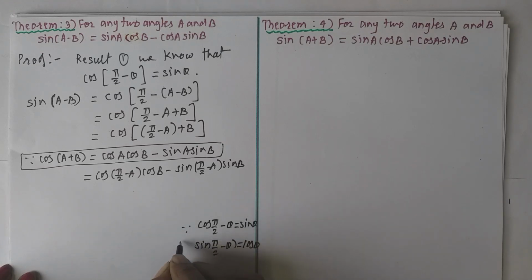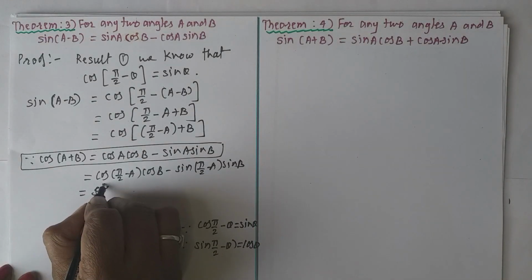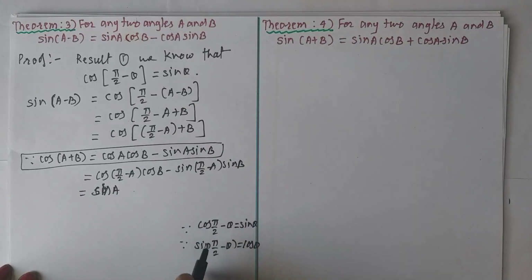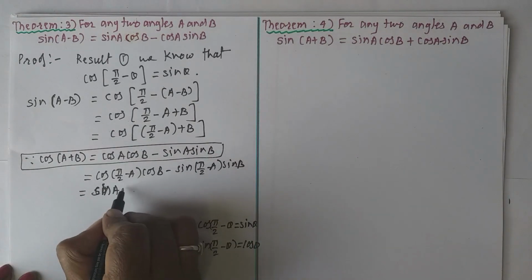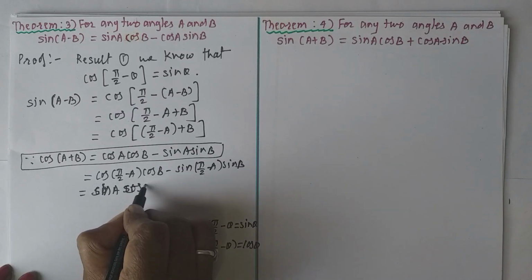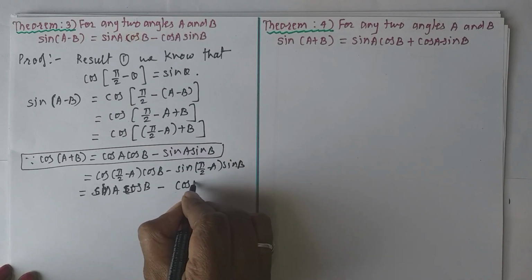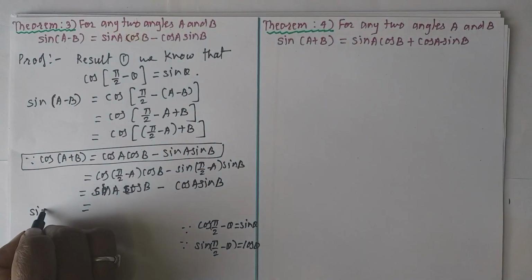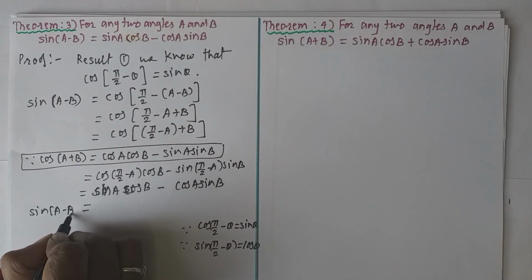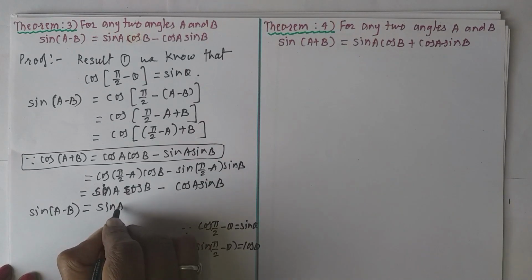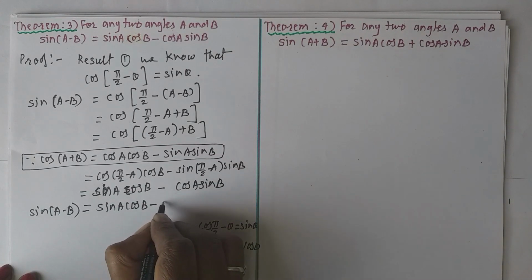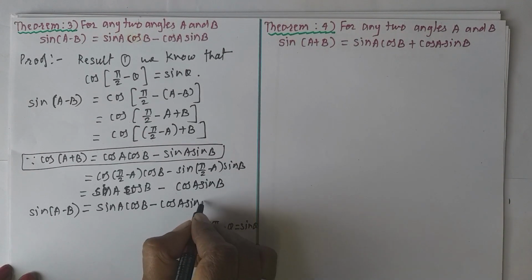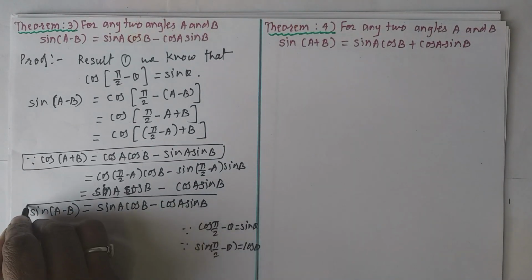From the result we have just proved, this can be written as sin A cos B minus cos A sin B. In this way we have got sin A minus B is equal to sin A cos B minus cos A sin B. We have proved this third theorem.